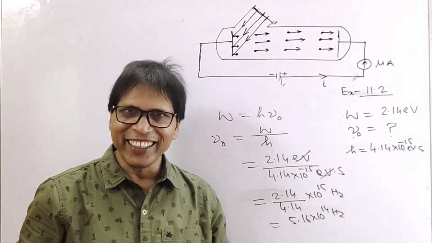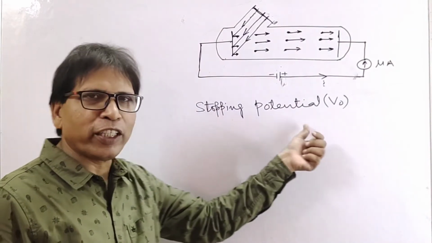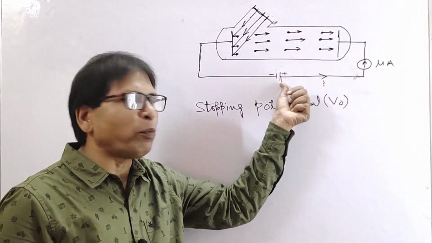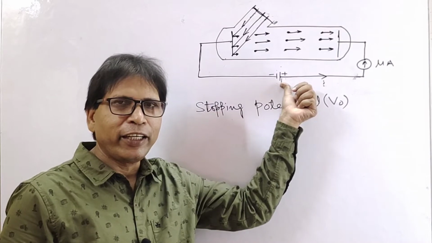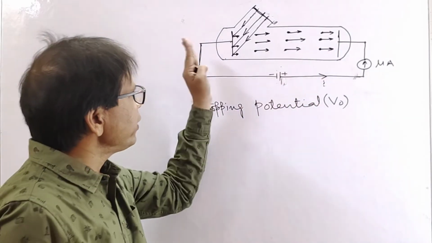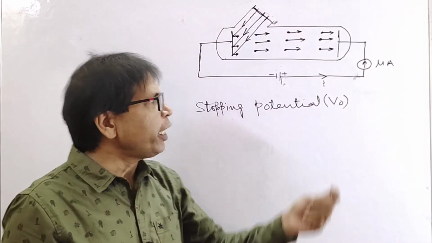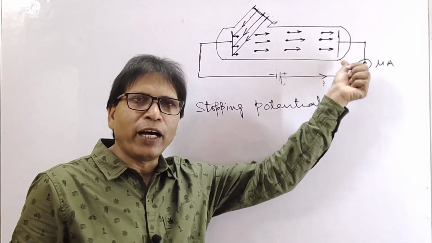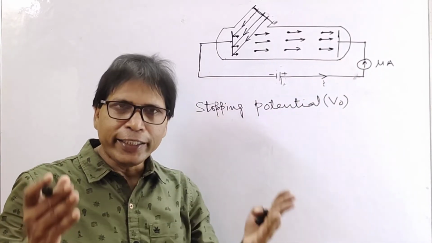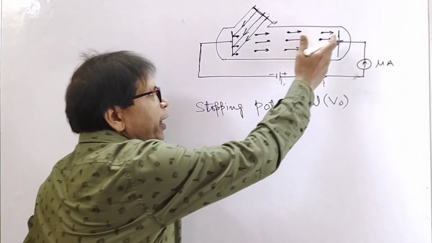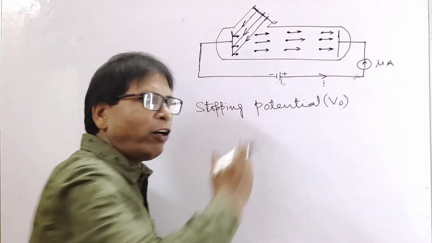Okay, understood? Next. Now stopping potential. Look at this. This is the anode and it is connected to the positive terminal of the battery. And this anode attracts the emitted electron. If the potential of the anode changes from positive to negative, then these electrons are repelled by the anode.